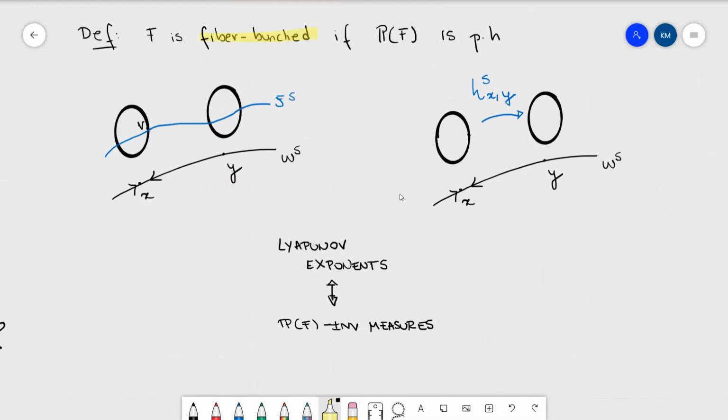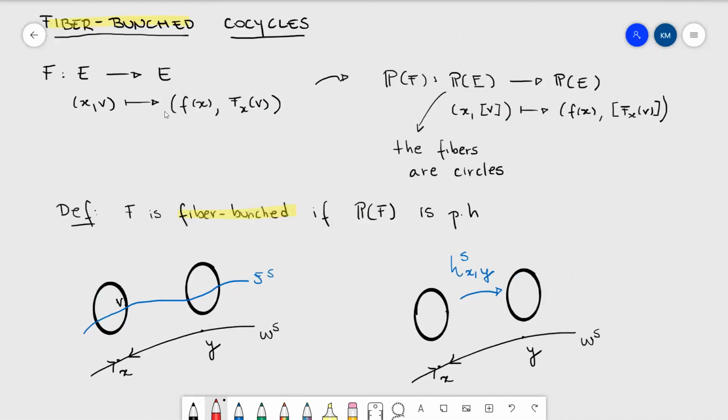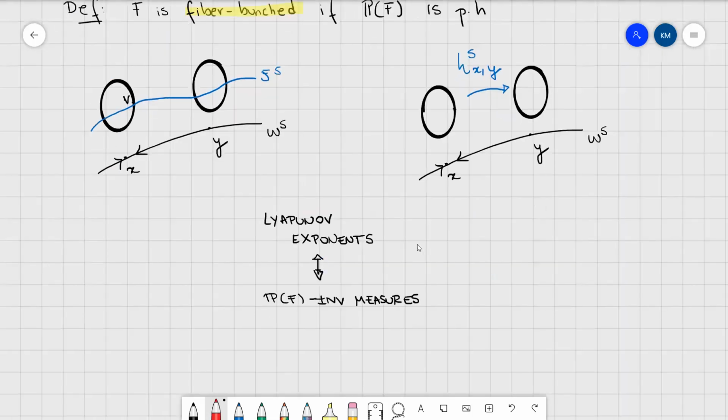It is possible to prove that you have a relation between the Lyapunov exponent that I'm interested in studying, the Lyapunov exponent of the linear cocycle, and the measures that are invariant for the projectivization. So if I come back here, I'm studying the Lyapunov exponent of this map, but there is a relation between this Lyapunov exponent and the measures that are invariant for this map. This is a result of Ledrappier.